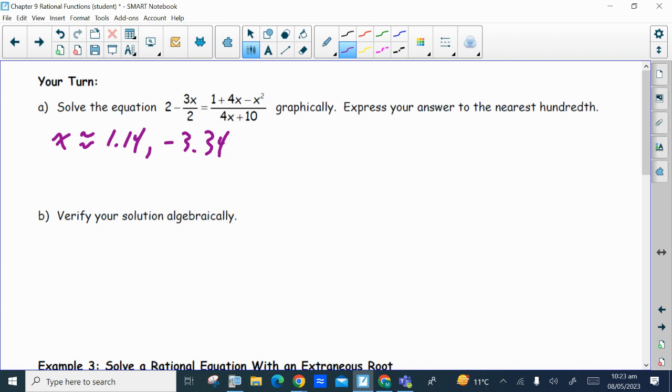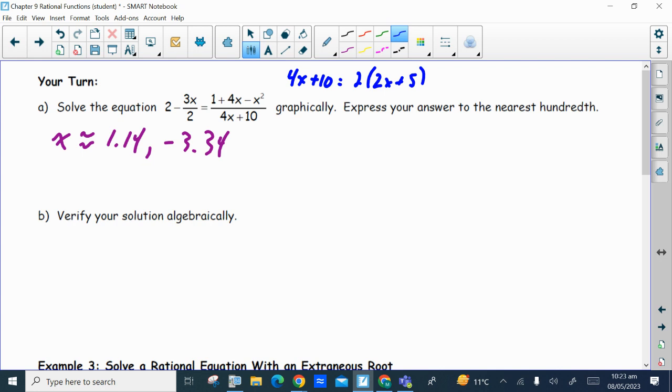Now, the one denominator, 4x plus 10, has a common factor of 2. So that means the denominator for 4x plus 10 is 2 bracket 2x plus 5. We also have a denominator of 2 on another term.